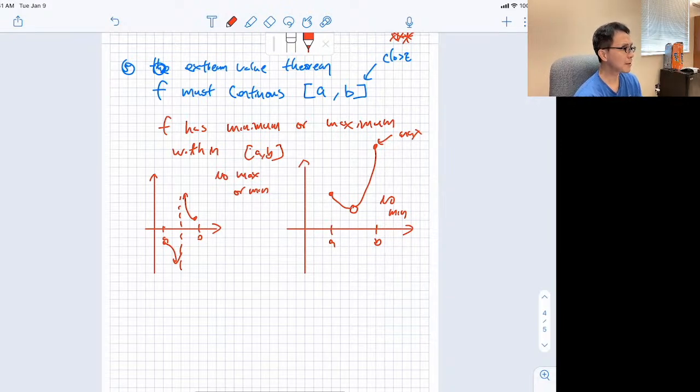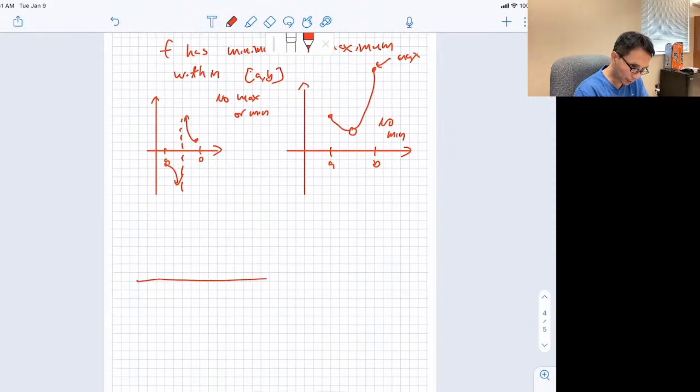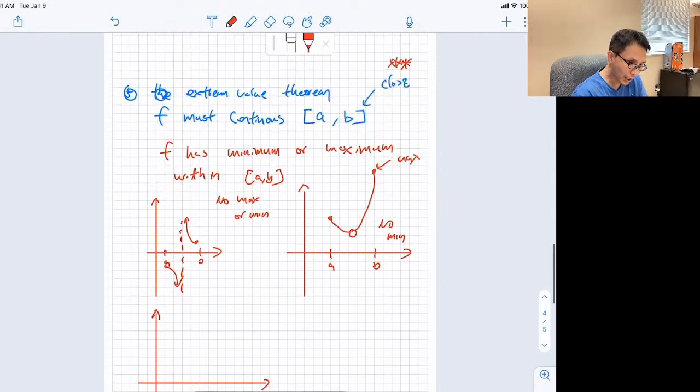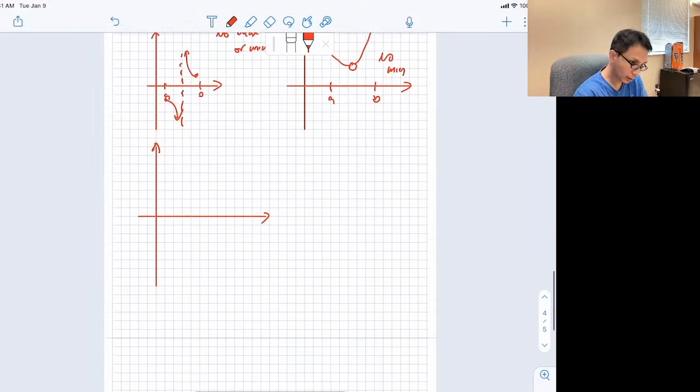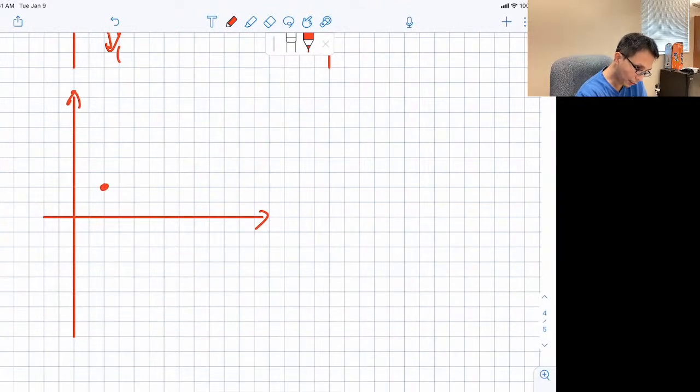Does that make sense? We know there's an open circle at 2, but we don't know what happened. There's also another way to think about this. Why does the endpoint matter? What if I have something like this, a solid dot right here and a continuous function going into here?